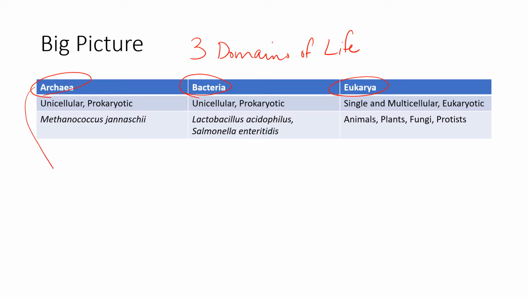An example here, the Methanococcus, are organisms that live deep in the ocean where there is very little or no oxygen, and they produce methane gas. They are single-celled and prokaryotic, meaning they don't have any nuclei or other membrane-bound organelles.